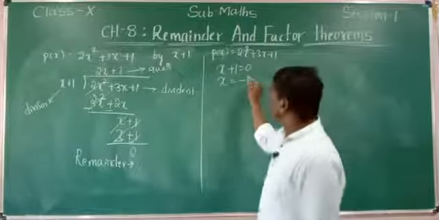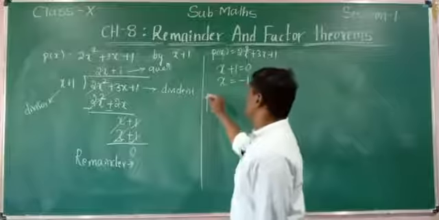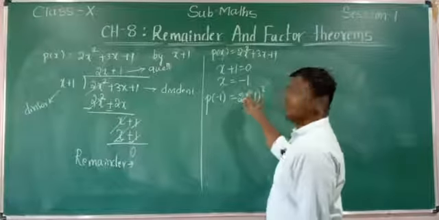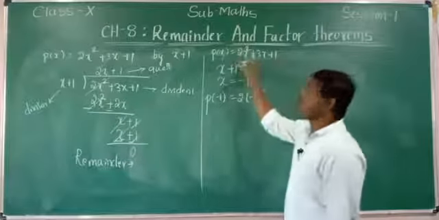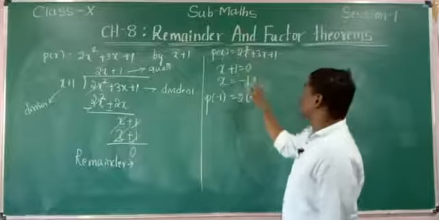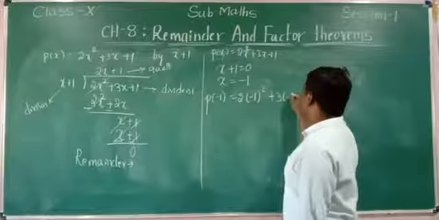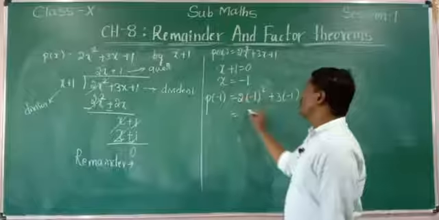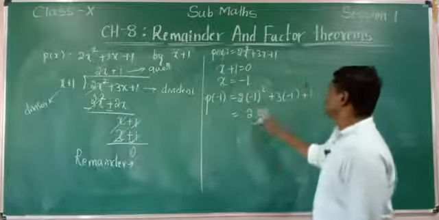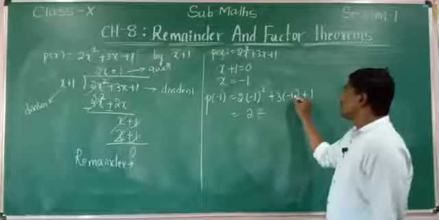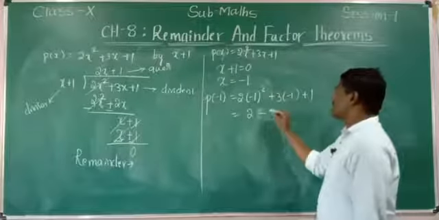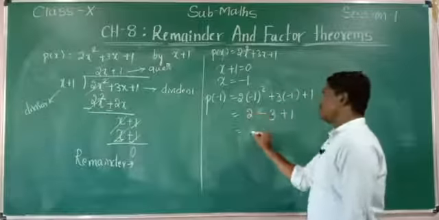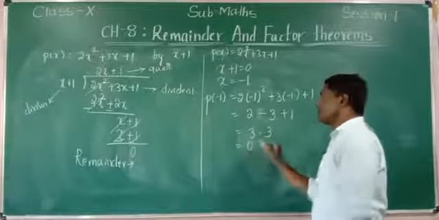Substitute the minus 1 in the same equation. P of minus 1 is equal to 2 into minus 1 square plus 3 into minus 1 plus 1. Put the value of x in the given expression. So minus 1 square is 1, 1 into 2 is 2, plus into minus is minus 3, plus 1. 2 plus 1 is 3, minus 3 is equal to 0.